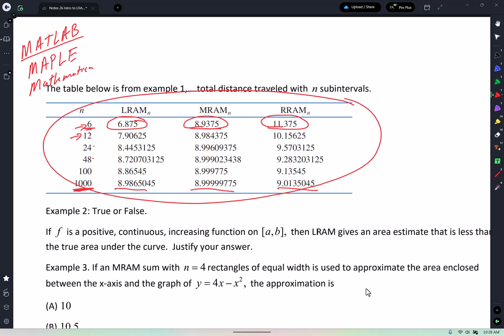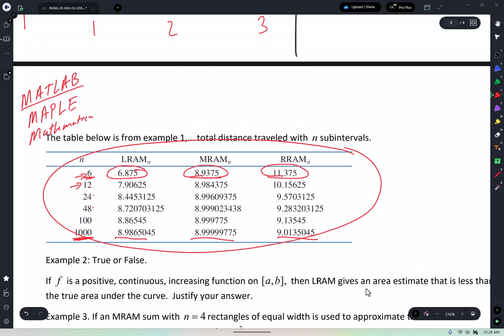If n approaches infinity, if I use an infinite number of rectangles, would all three of these converge at the same number? Yes. What number is it converging to? One number. It's converging to 9. So this is why computer software is so important, guys. So here it is.